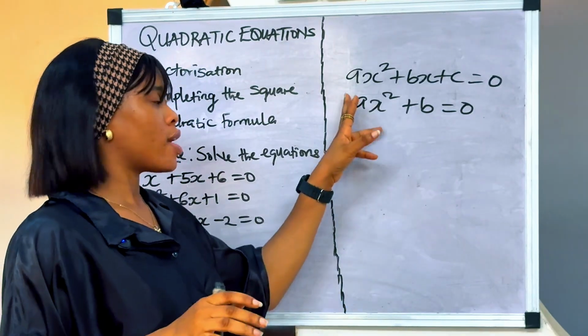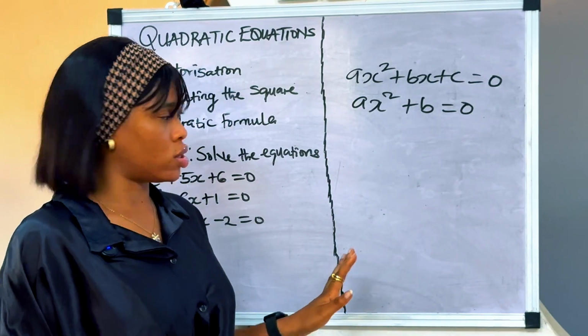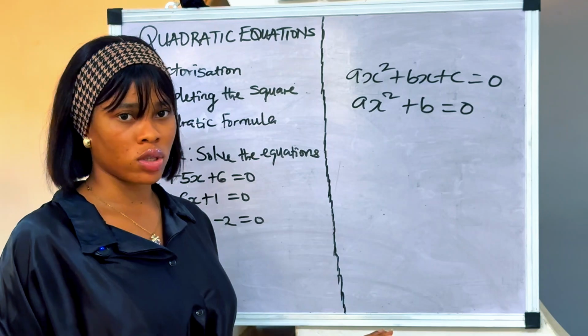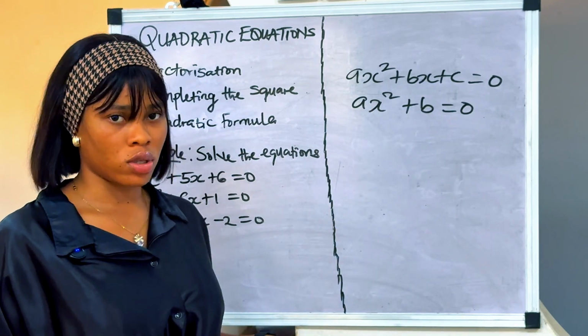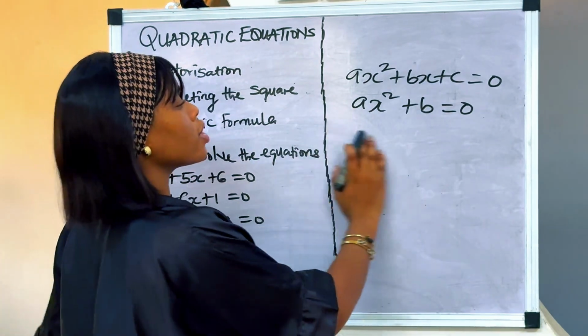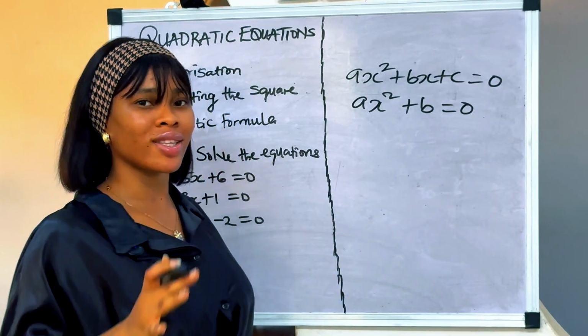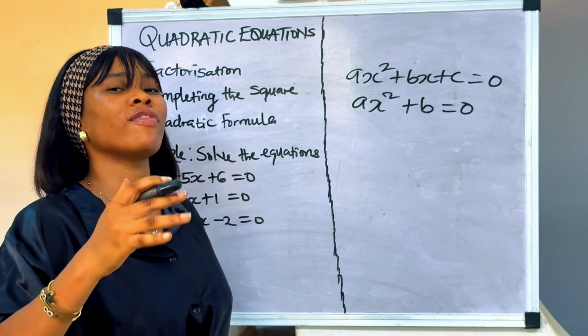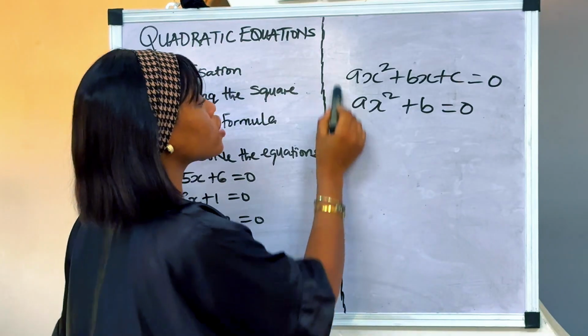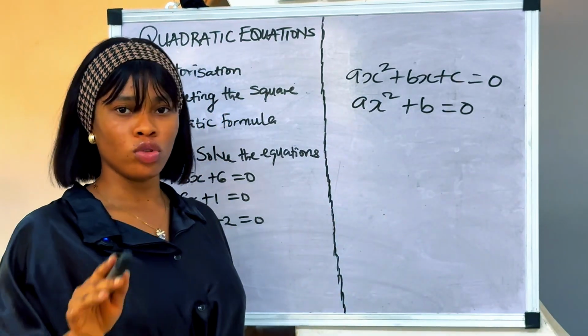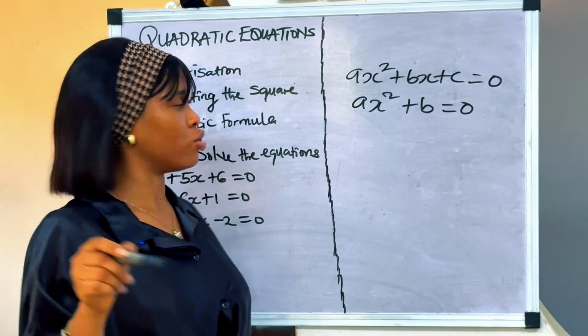In this case, a is not equal to 0, b is not equal to 0, and c is not equal to 0. So this is the general form of a quadratic equation. Whenever you see an equation in this form, know that it is a quadratic equation.